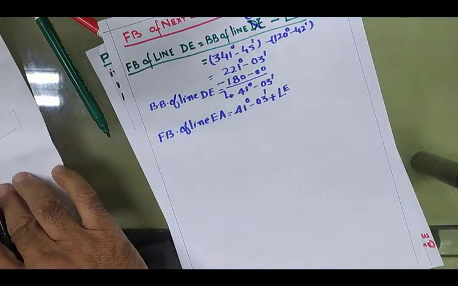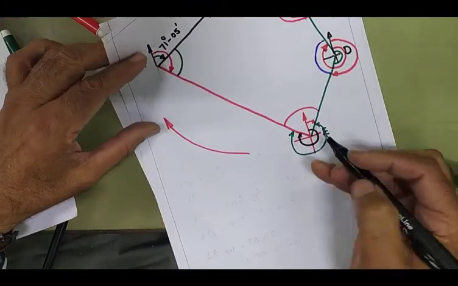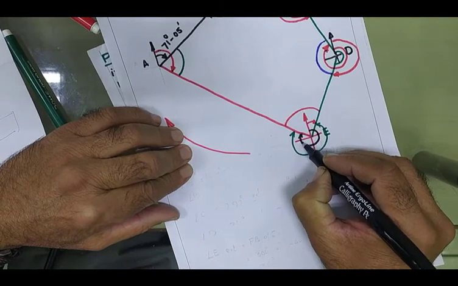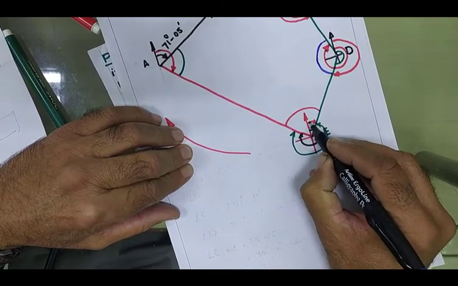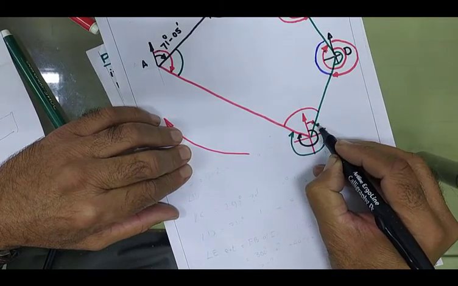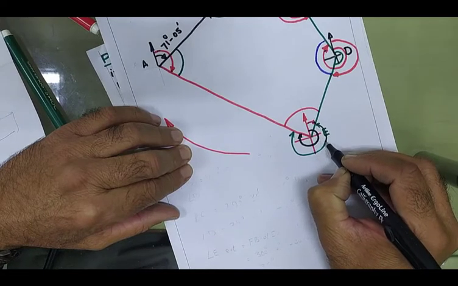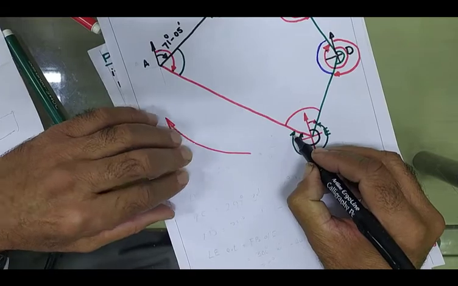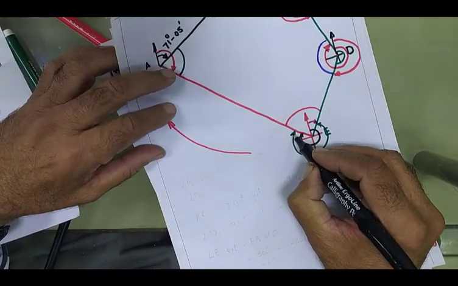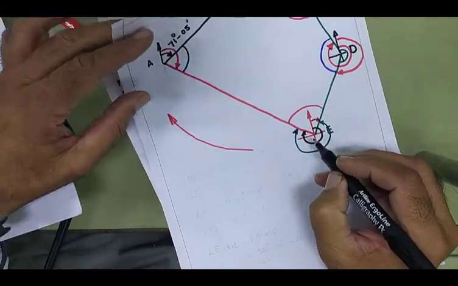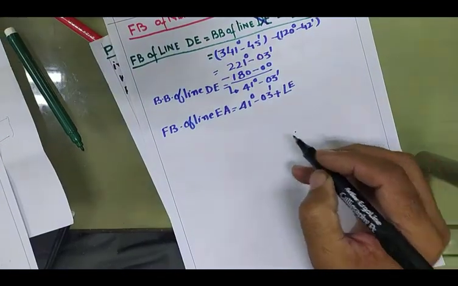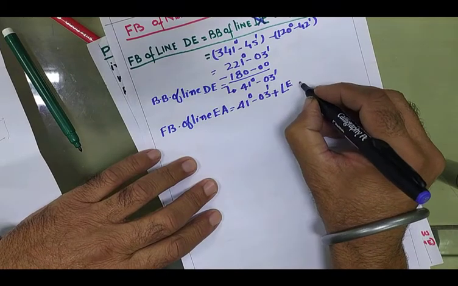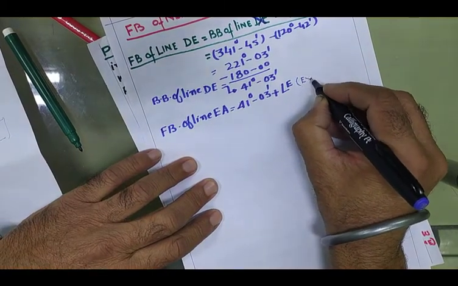You can see from the sketch, I have to calculate this bearing of line EA. Here I have to add this external angle, which you have calculated in the previous one. So that external angle you have to add over here.